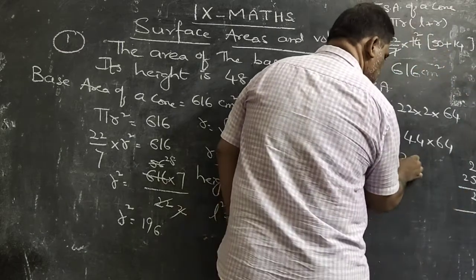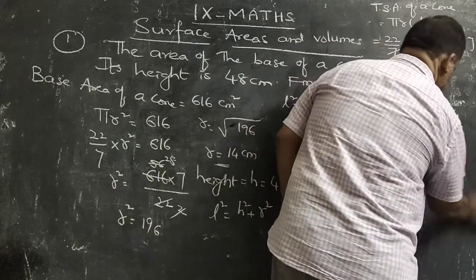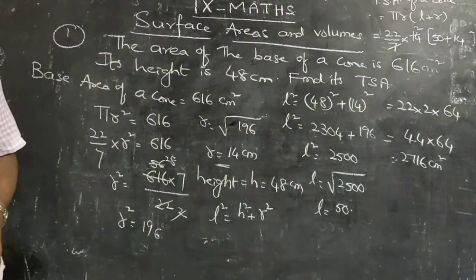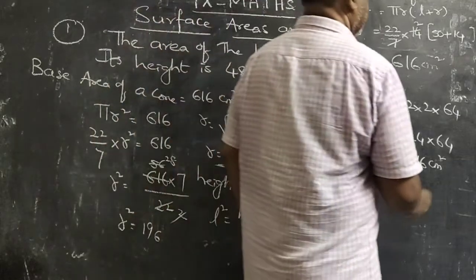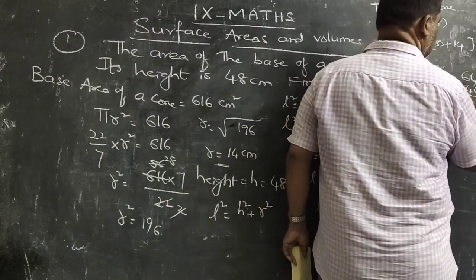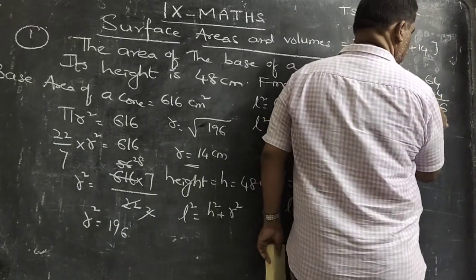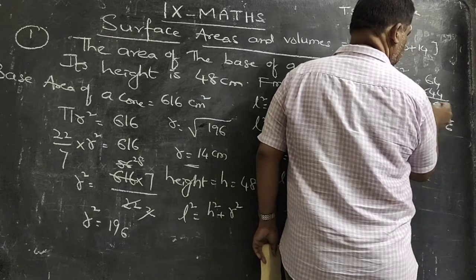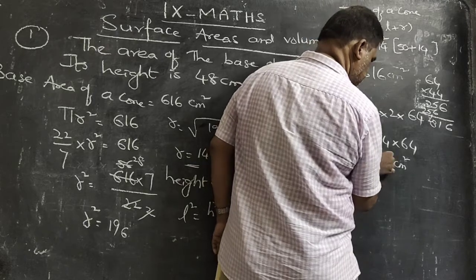So it is 2816 centimeters square. Four into 44, so 2816.